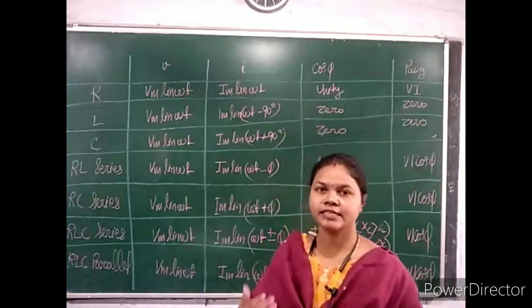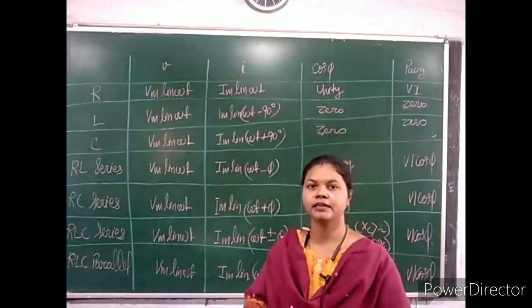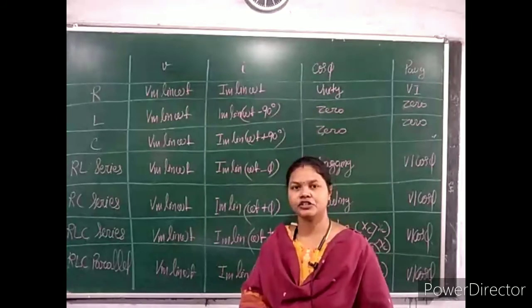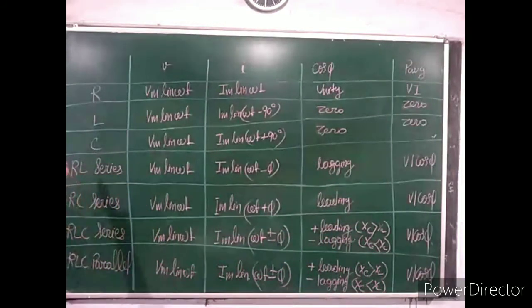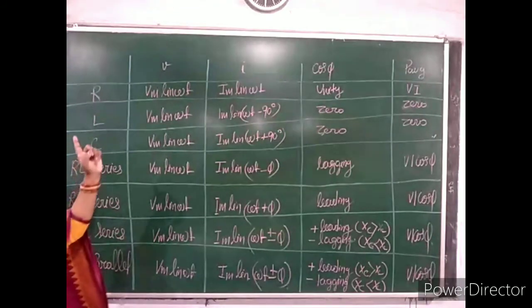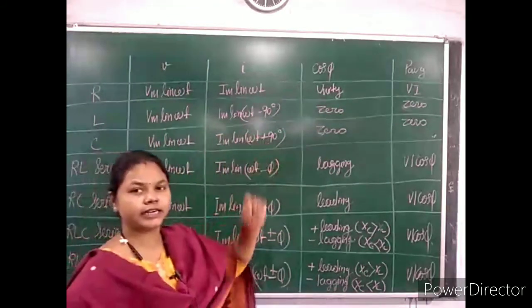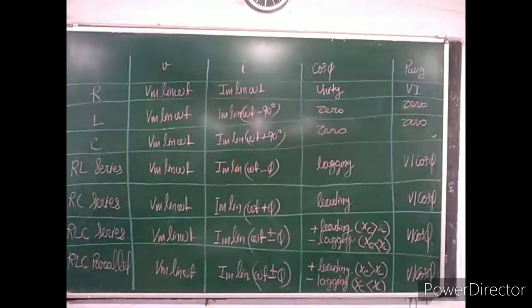Students, this table represents a summary of AC theory. The leftmost column represents the different types of circuits, and the upper row represents the parameters like voltage, current, power factor and average power.